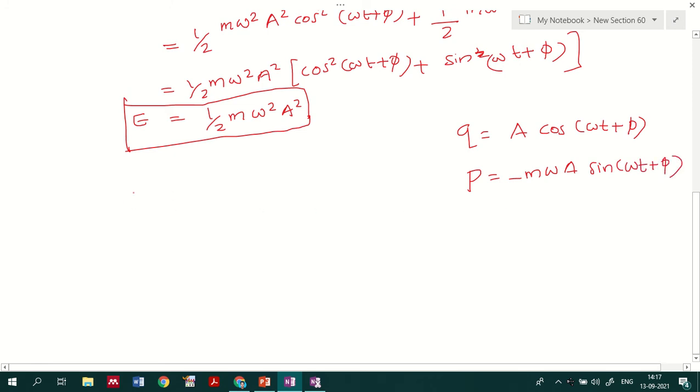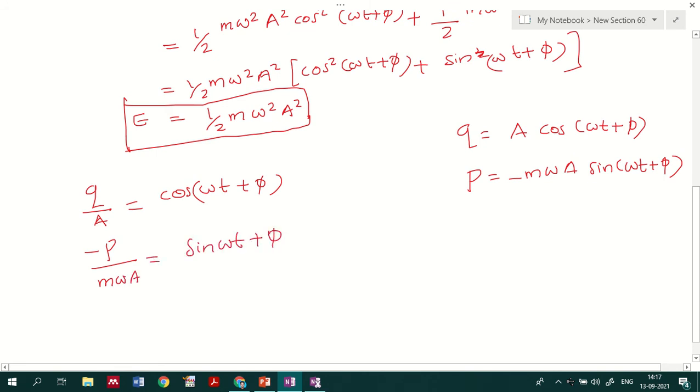Okay, now let me write this in this fashion, that is q by a equal to cos(omega t plus phi), and similarly minus p by m omega a is equal to sine(omega t plus phi). Okay, so I can write like this, right?